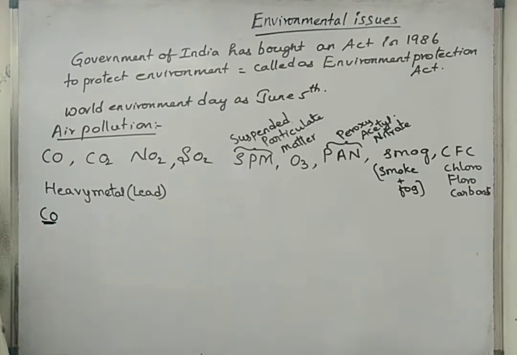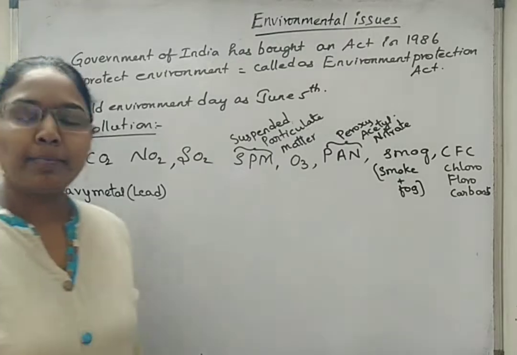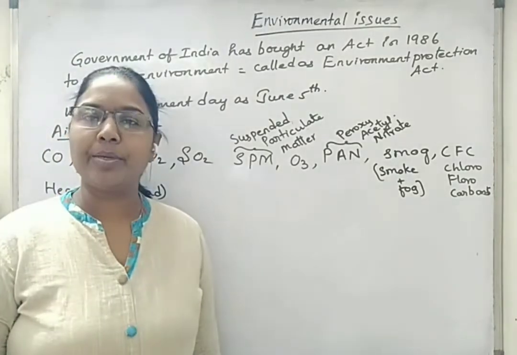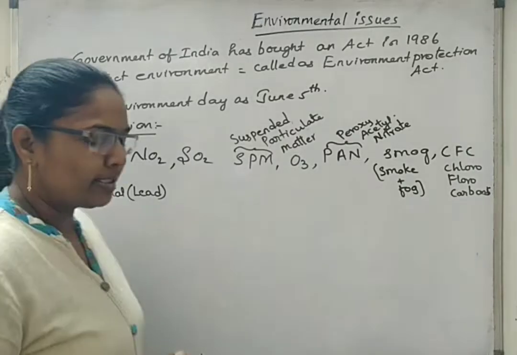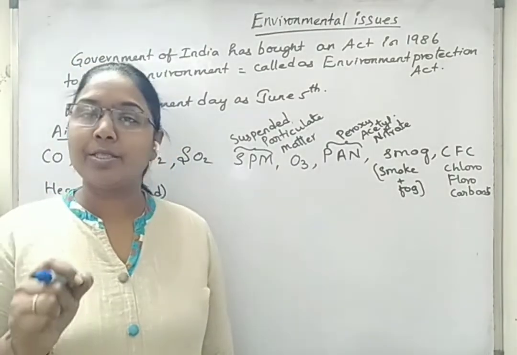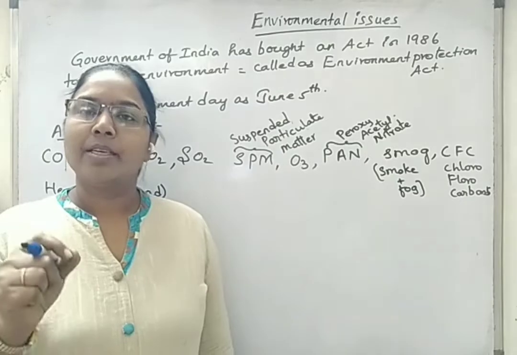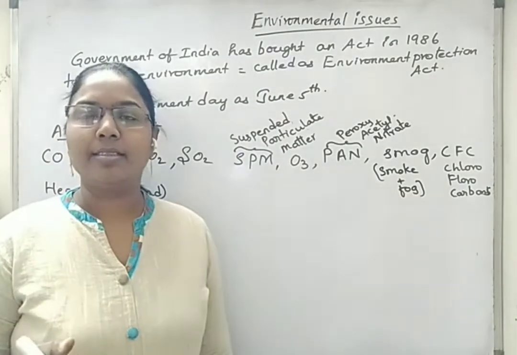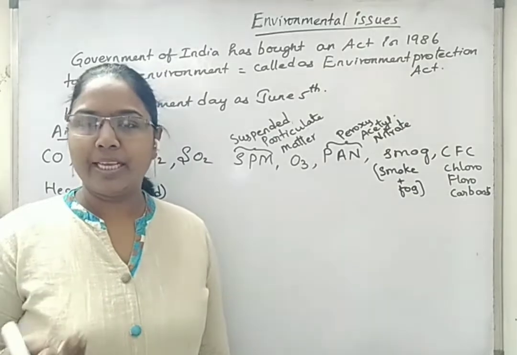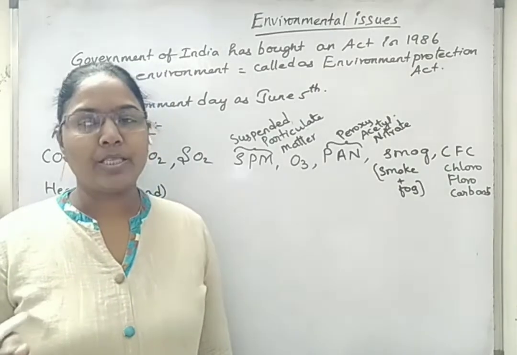Carbon monoxide is released by incomplete combustion of hydrocarbons in automobiles. See, in automobiles what happens? Oxygen first filters before entering the fuel. Fuel will start giving energy only when it is mixed with oxygen.